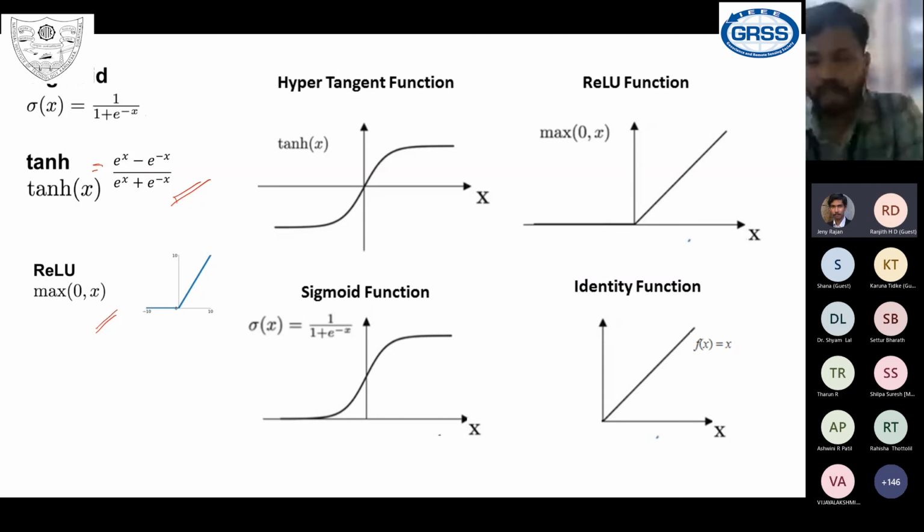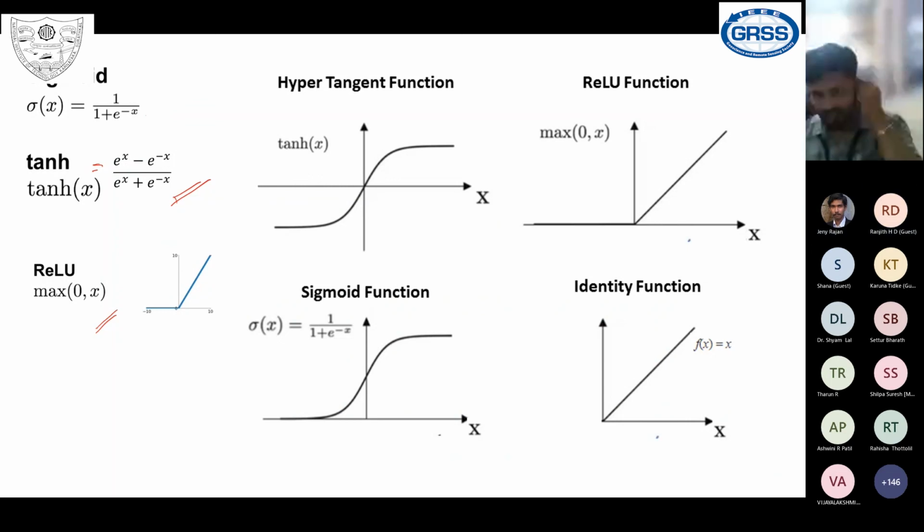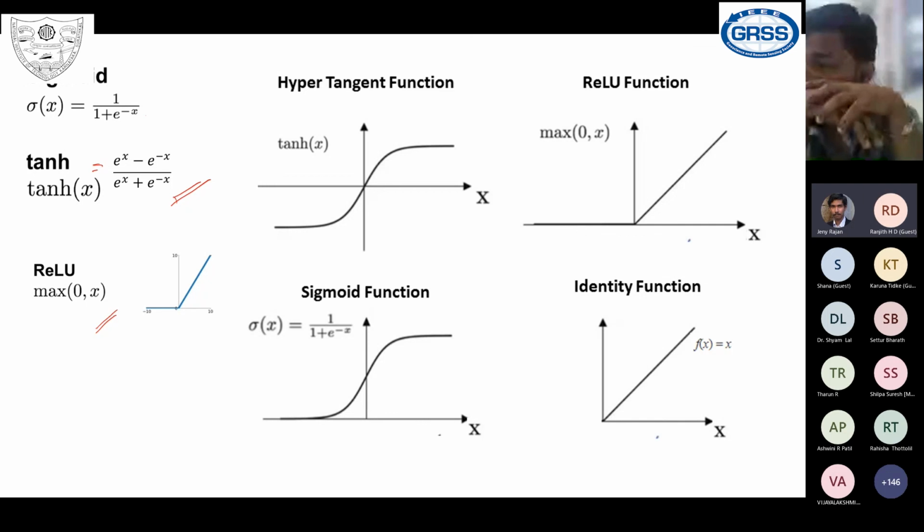So one advantage of TANH over sigmoid is that TANH is zero-centered, but sigmoid is not zero-centered. Since TANH is zero-centered, the gradient can move in both directions, positive and negative, and as a result, a TANH neuron can converge faster than a sigmoid neuron. The other advantage of TANH over sigmoid is that the derivative of TANH is higher than the derivative of sigmoid, and as a result, TANH neurons learn faster than sigmoid neurons.